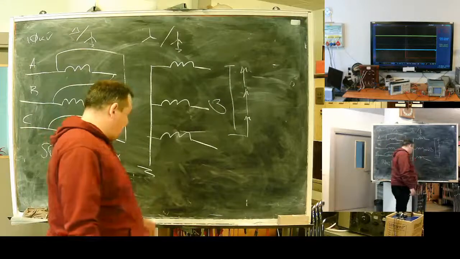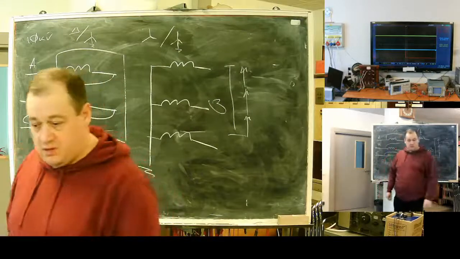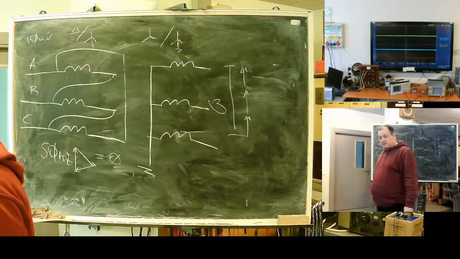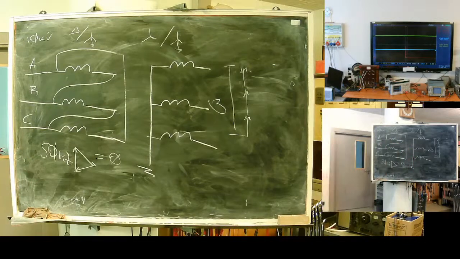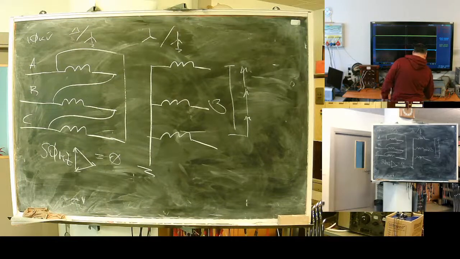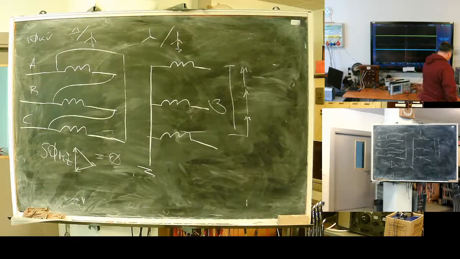While phase currents are formed mostly by the 50 Hz component, neutral current, in our case, is shaped by the third harmonic, the 150 Hz component.